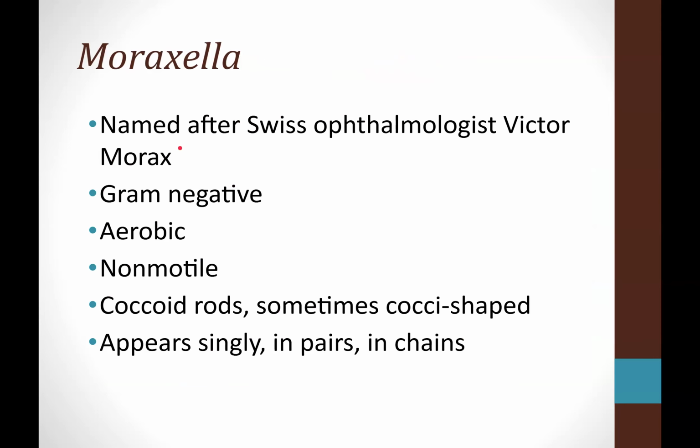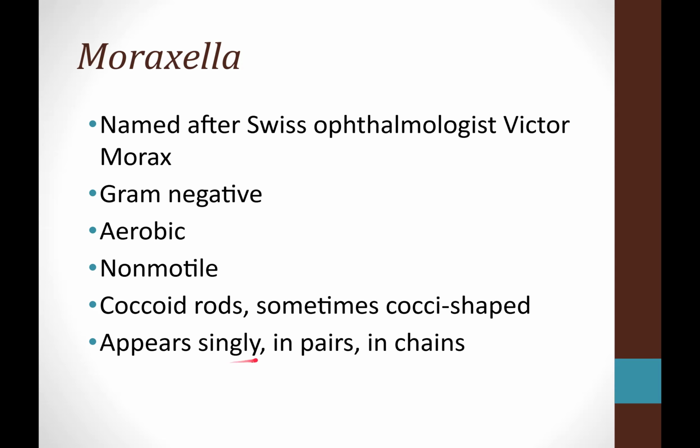Okay, so this bacteria, Moraxella, was named after a Swiss ophthalmologist named Victor Morax. He was the one who discovered this bacteria. It's a gram-negative aerobic non-motile bacteria, and it has the coccoid rod or coccobacillary morphology.